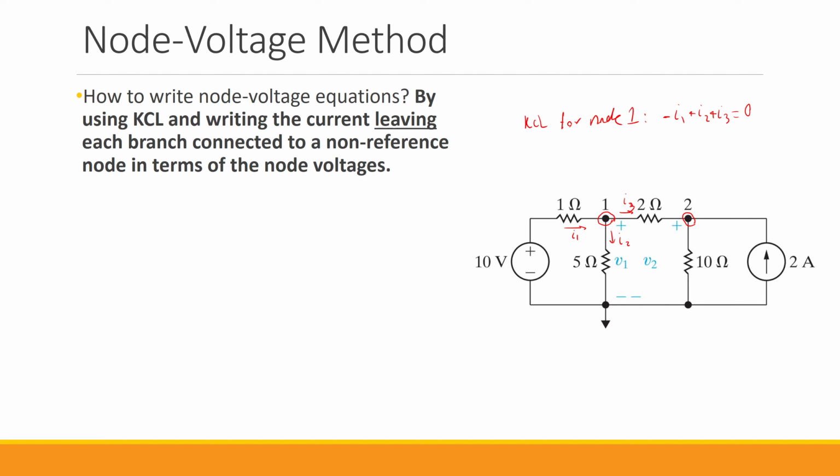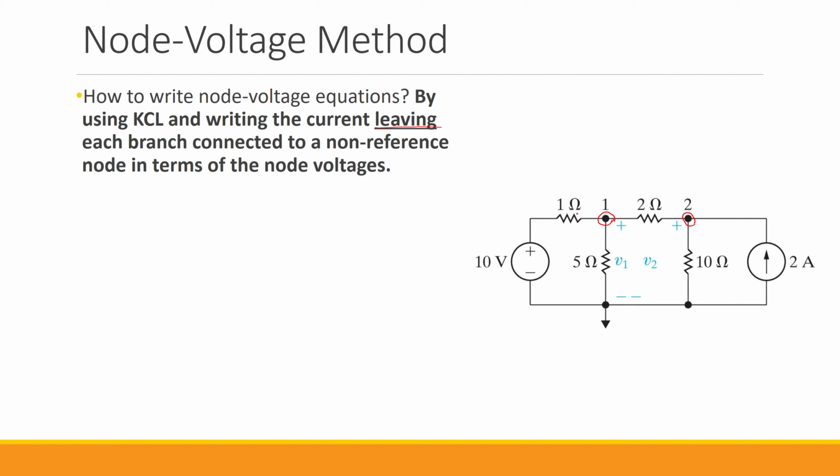But the whole point of the node voltage method is that we get free of defining these individual currents for the elements. Instead, we want to use only the node voltage variables. So we only want to use V1 and V2 to write our equations. To do that, considering the passive sign convention, for each node we write the current for the branches that are connected to the node as leaving currents.